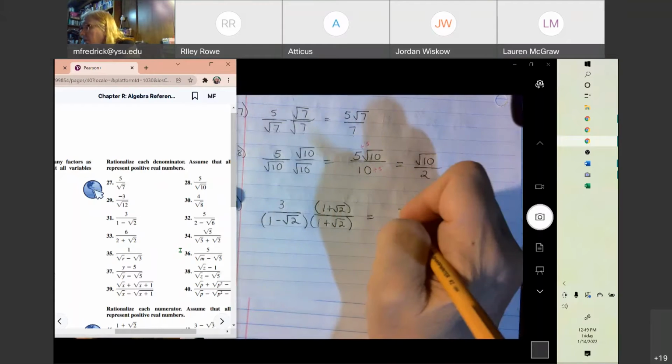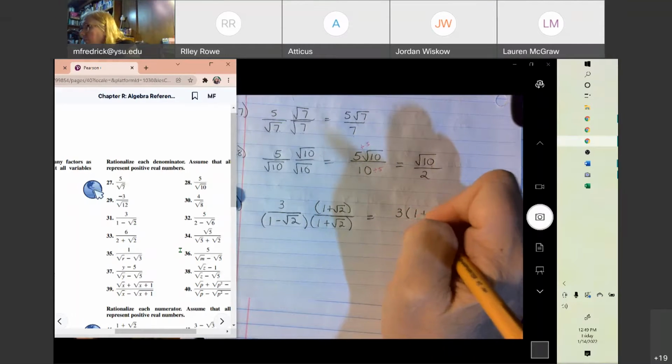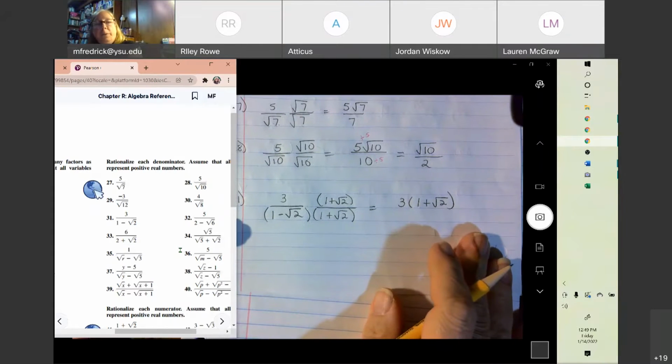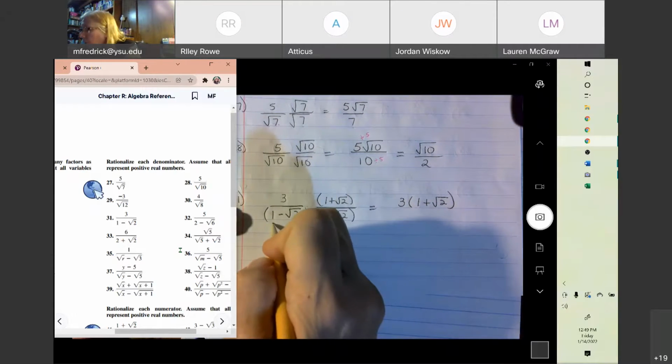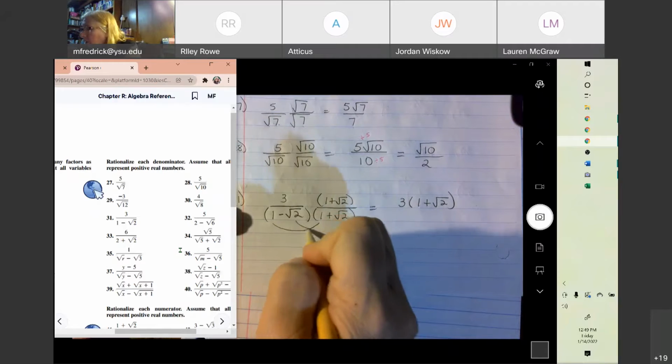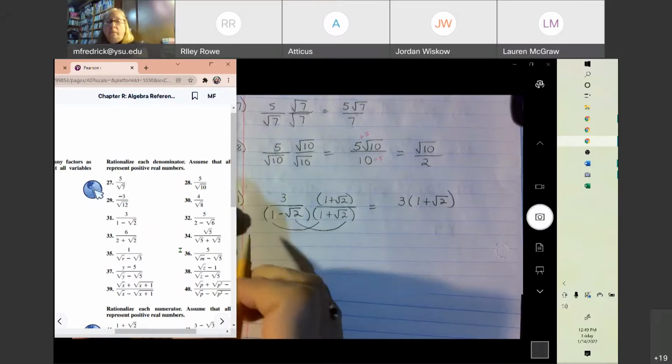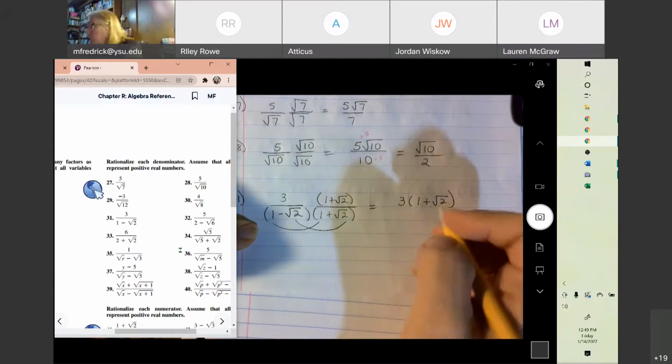Leave the top factored. When you multiply by the conjugate, you only need to multiply the first two terms and the last two terms, because outside and inside cancel. So we'd have 1 times 1, which is 1.